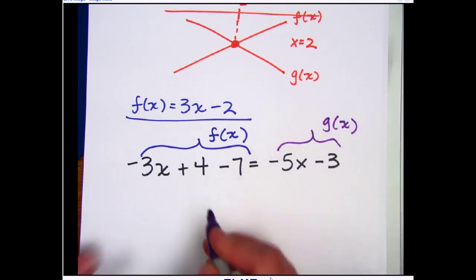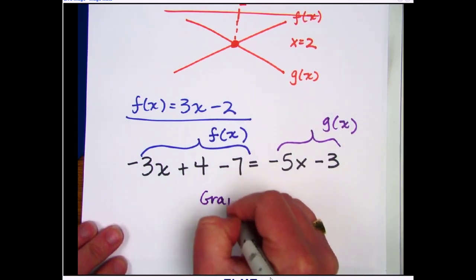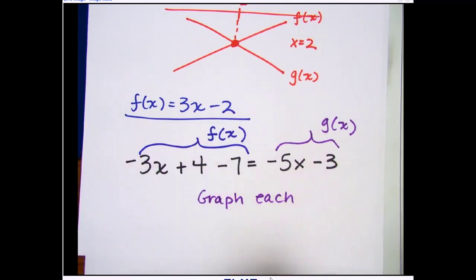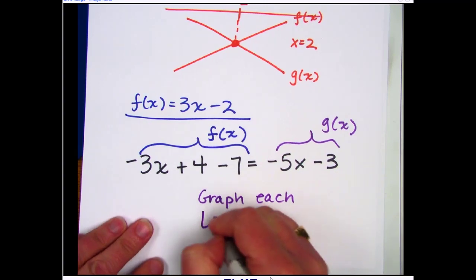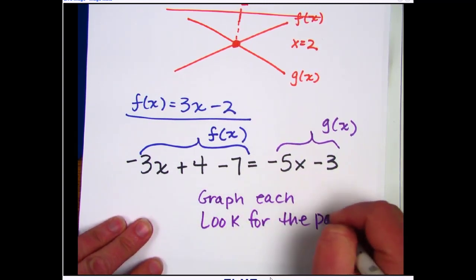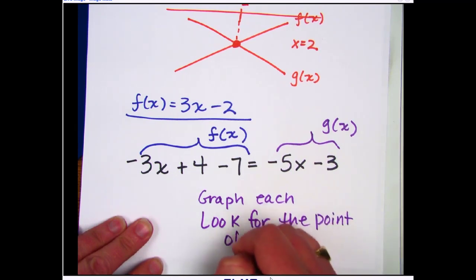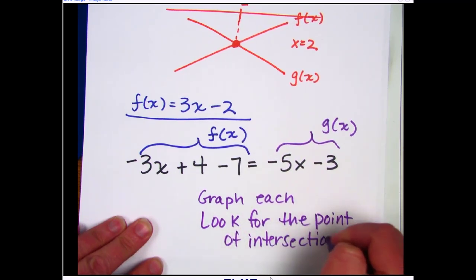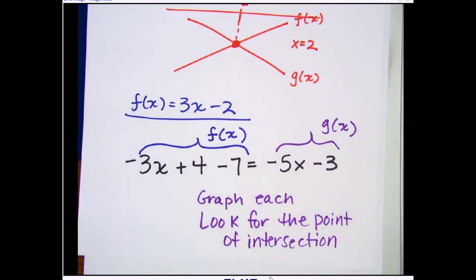What I'm going to do is graph each as if they are two different functions, and then I look for the point of intersection. And again, we're going to use our GeoGebra software.